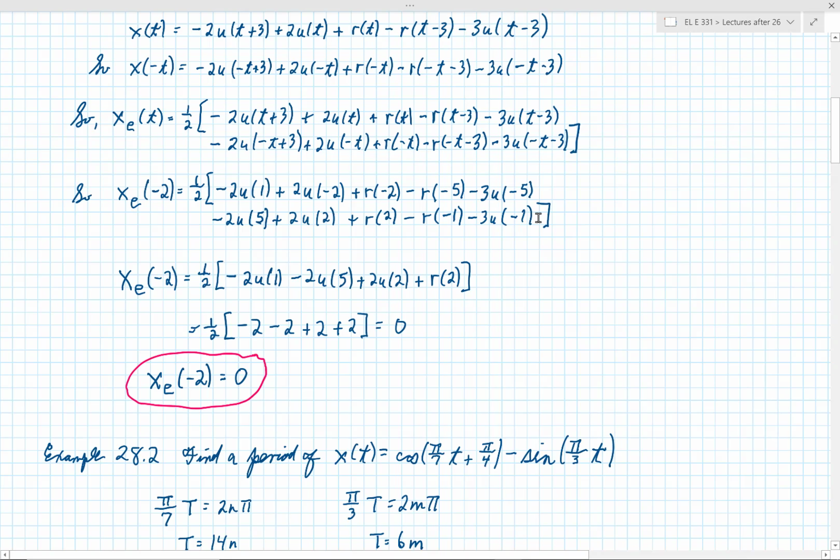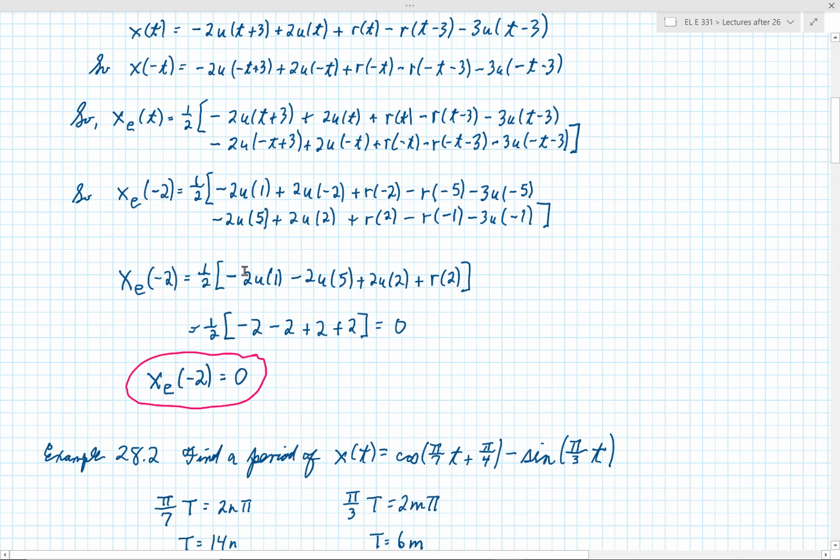So the only non-zero terms are -2 u of 1, which we bring down, nothing else on this top line, and then on the bottom line, -2 u of 5, plus 2 u of 2, plus r of 2. And that's it. Those are the only non-zero terms.